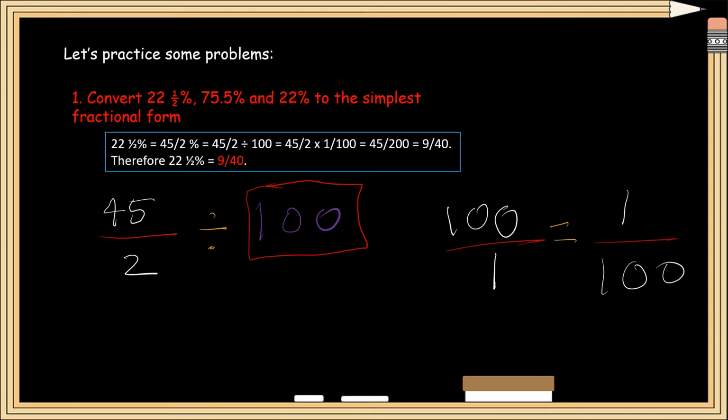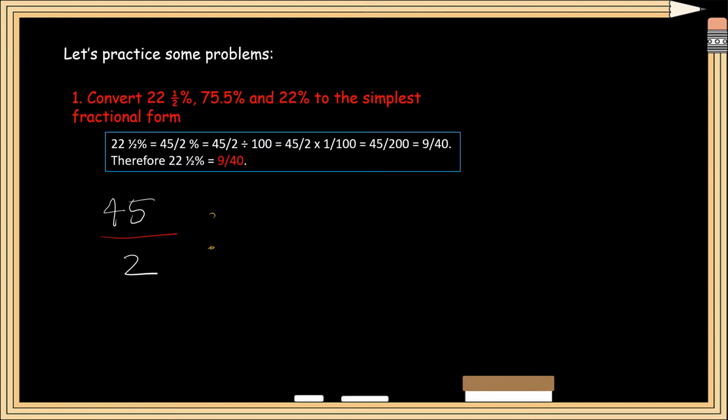So now we have found the reciprocal, and now we multiply 45 by 2 by 1 by 100. So let's multiply. Here I have multiplied it to get 45 by 200 in this box, the blue box.